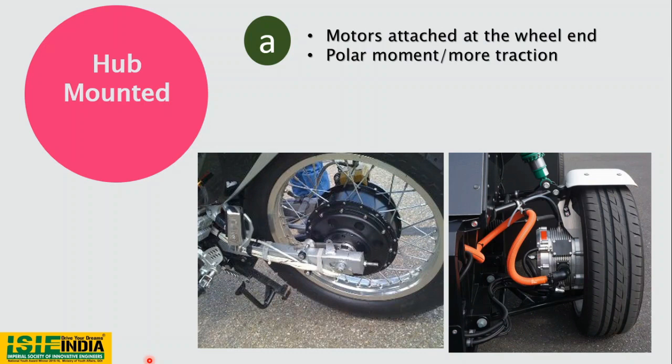This is one of the major features we can see. Also it's going to give us better cabin space. You can use some of that space for batteries for a longer duration or longer run of the vehicle.